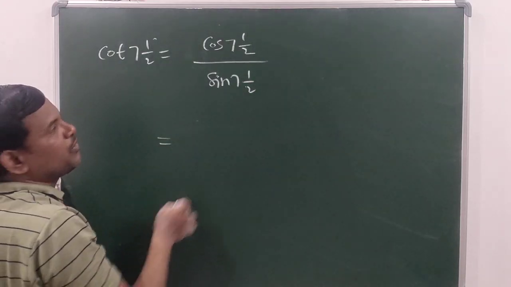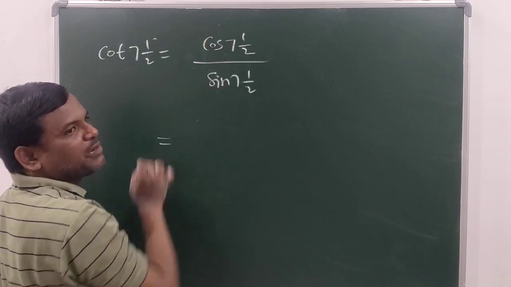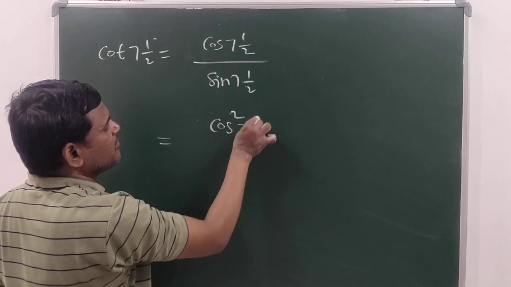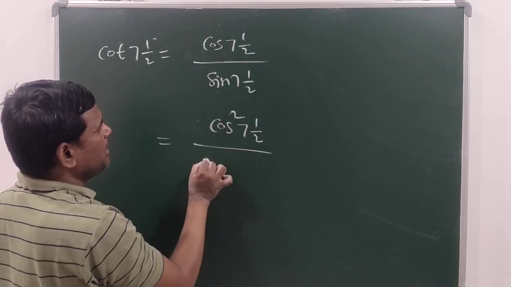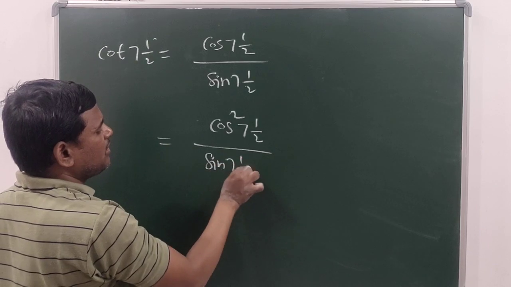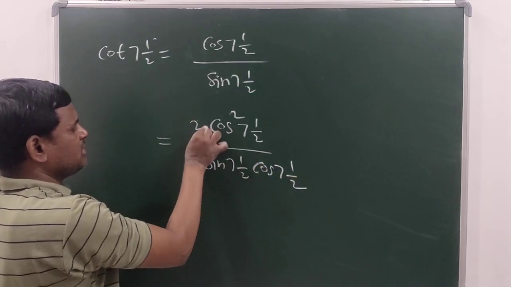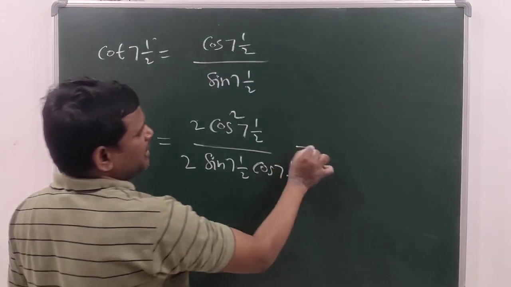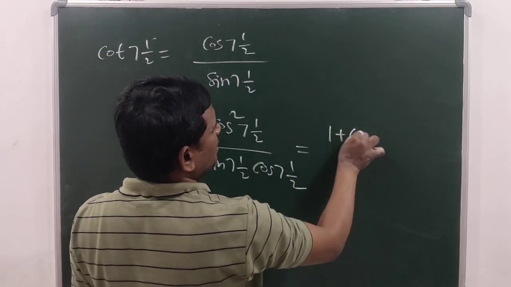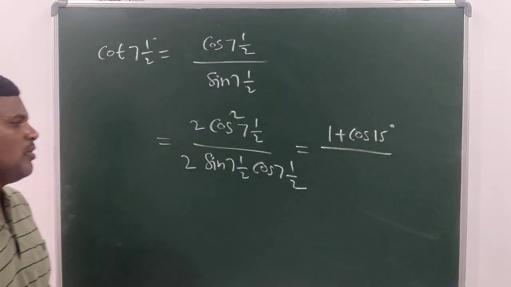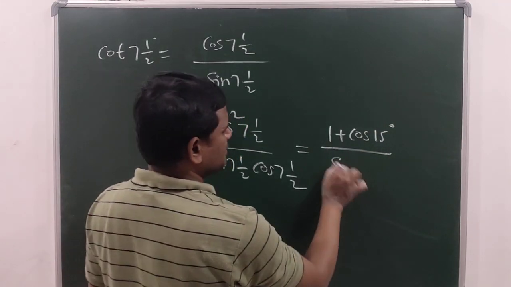In the next step, numerator and denominator I am multiplying with cos 7.5, so that you will get in the numerator cos square 7.5 degrees by sin 7.5 into cos 7.5. So in the next step, with 2, it can be written as 1 plus cos 15 degrees by, in the bottom, sin 15 degrees.